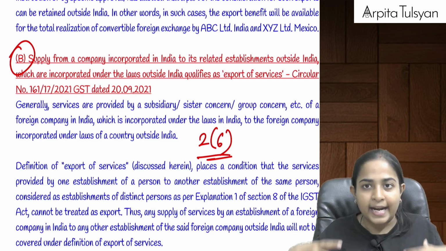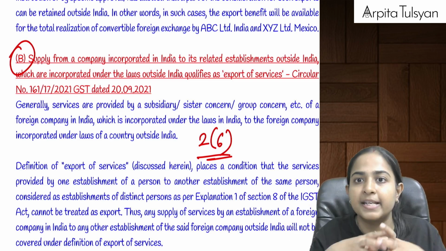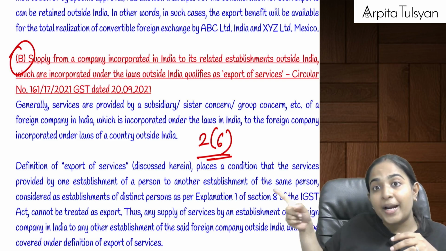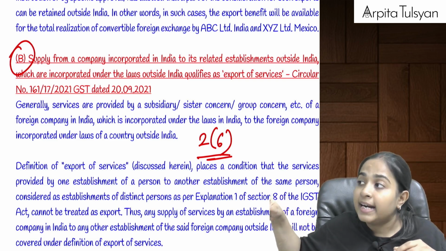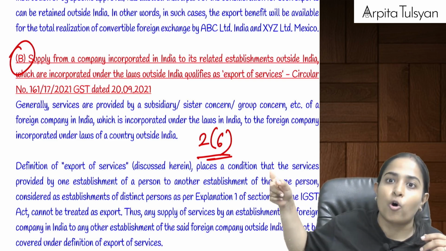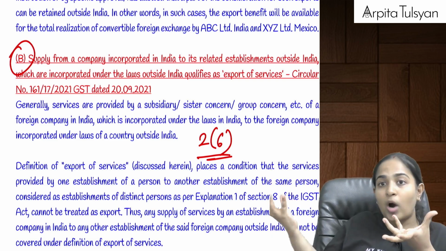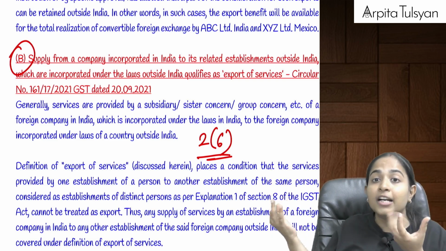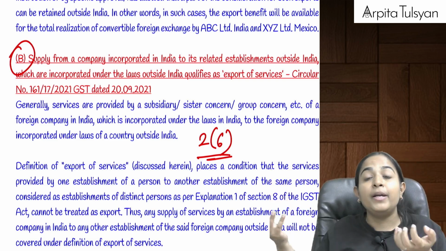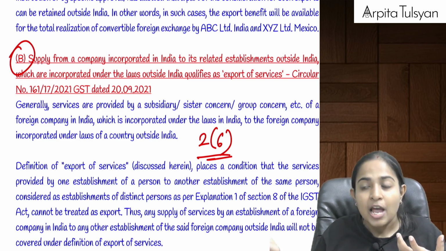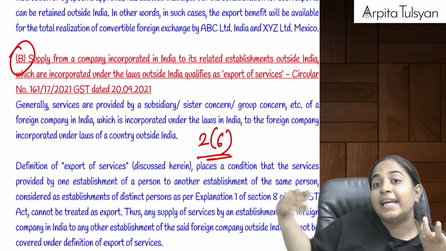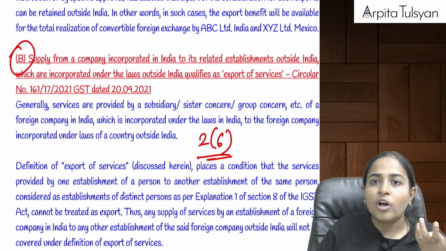What if you are the head office here incorporated under Companies Act 2013 and your branch is incorporated outside India as per their laws? Means we two are operating in two different countries under two different laws, then we will be called as separate entities. Okay, but what if my branch is not incorporated outside India?